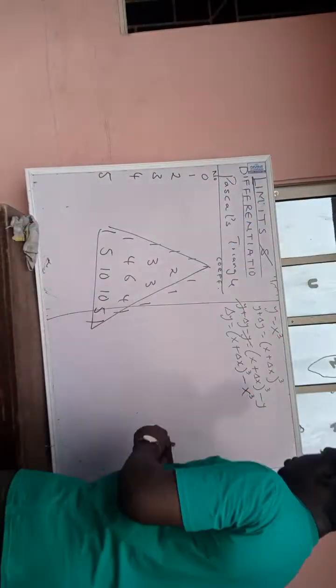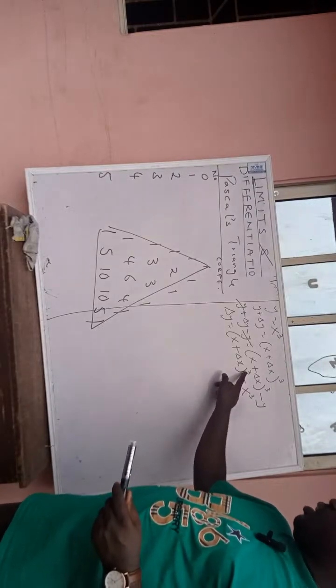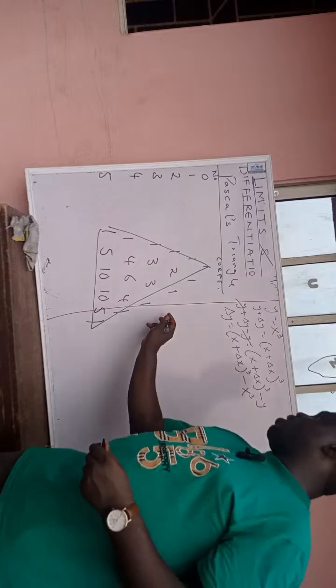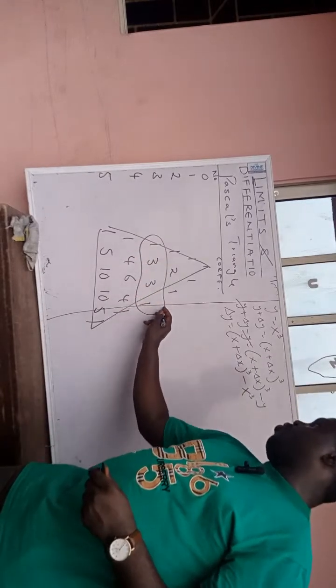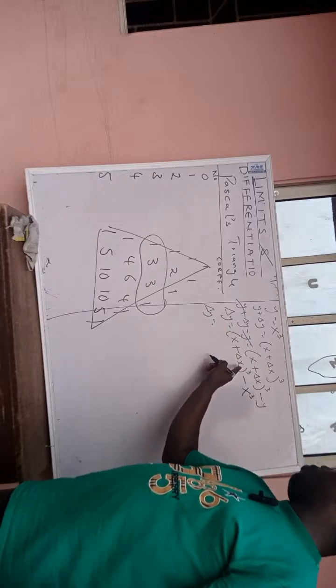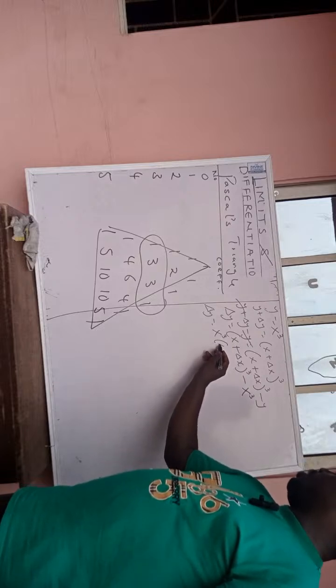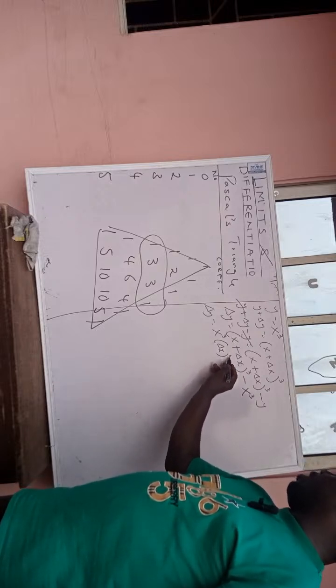So I'm going to be doing that now. So Pascal's triangle, this is raised to power 3. And if it's raised to power 3, it means that this is the one I'm using, this coefficient. So I'm going to have this now. Carefully open this bracket. This is x raised to power 3, and this is change in x raised to power 0.